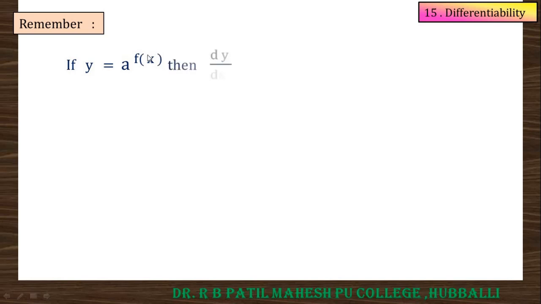Then dy by dx is followed in the same way: the same function, whatever function is given with the composite variable, into log a, and after that d by dx of the function. Same function into log of the base, and after that the composite variable derivative. This is the way of following.